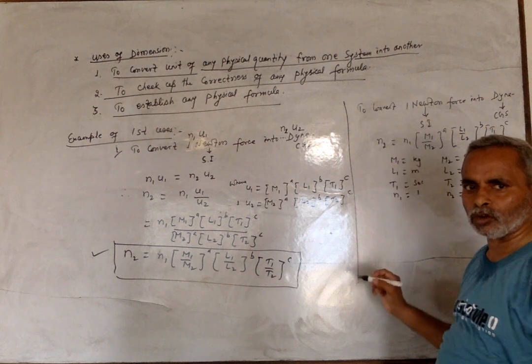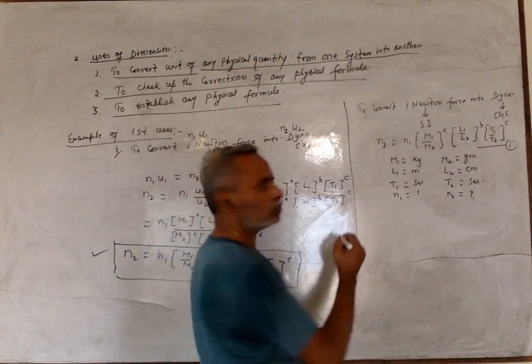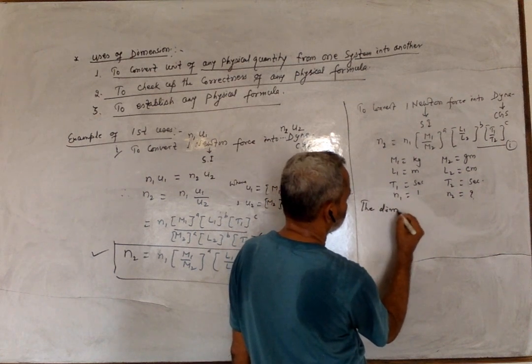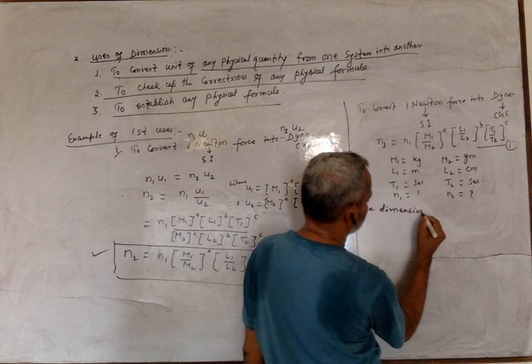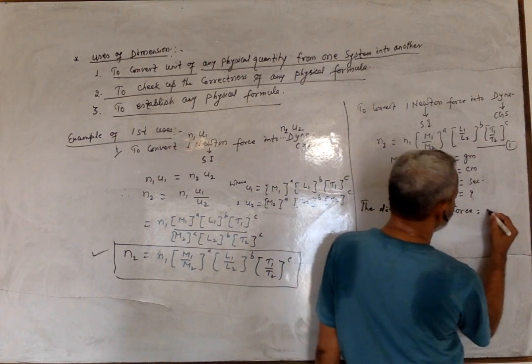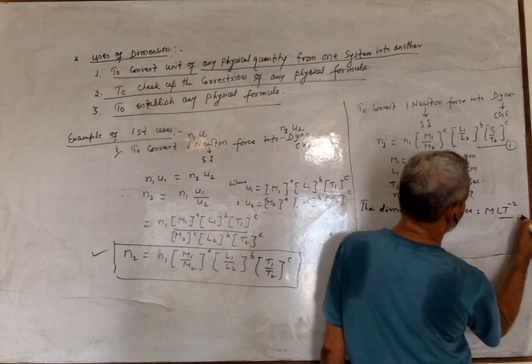Now write the dimension of force: the dimension of force is MLT to the power minus 2.